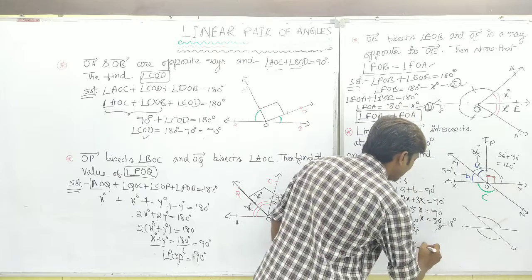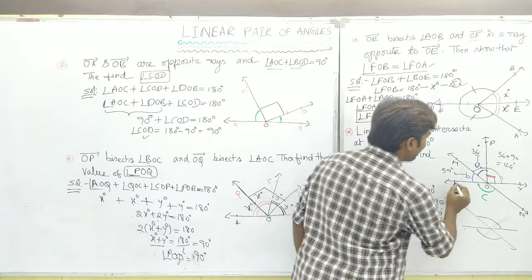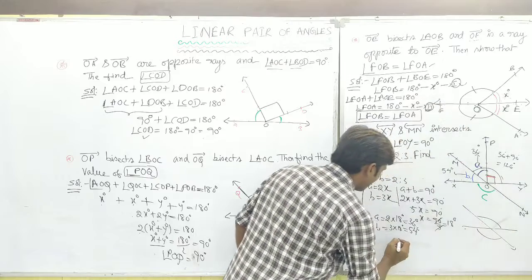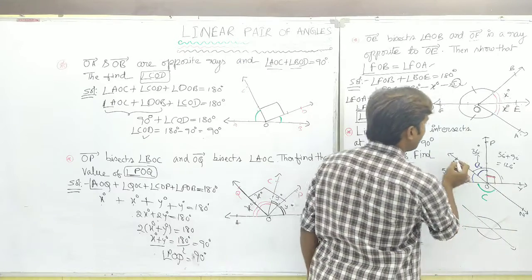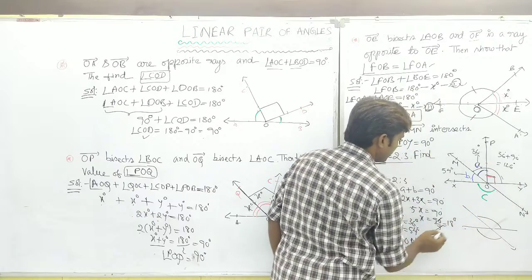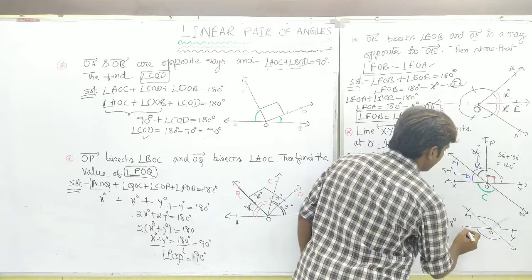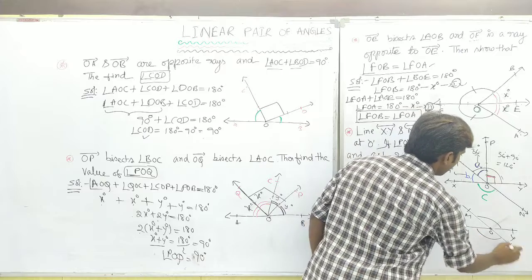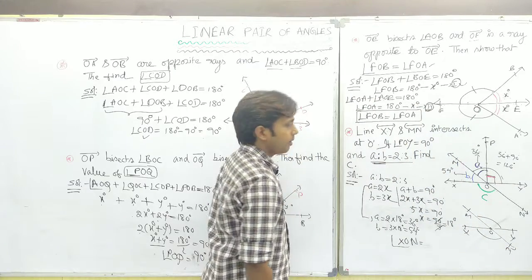So C is equal to this total angle, or else we can write angle XON equals angle MOY. This is M, this is O, this is Y, this is X, this is N. That is what is given, no? I am showing it separately here.